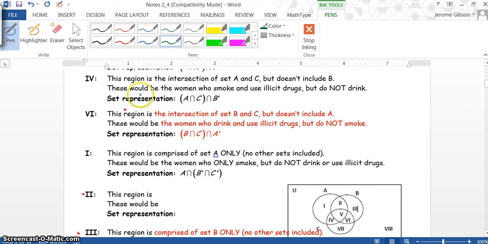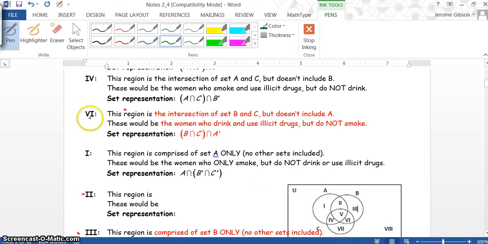Now the set representation would be A intersect C, which would give us 4 and 5, but it's the intersection of B complement, so that would take out 5 and just leave us 4.